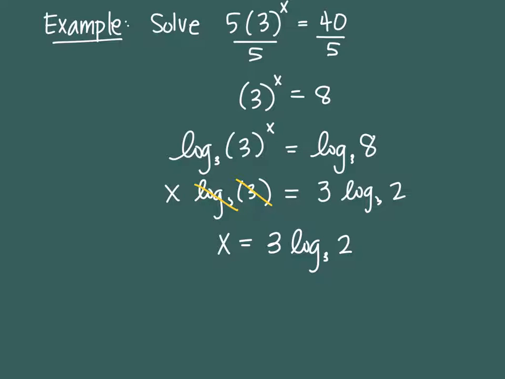Where do I need to back up, Daniel? I think maybe right here. Yeah, how did you get the 2? Because I know my powers. And my powers are that 8 is 2 to the third. Oh, okay. And because 8 is 2 to the third, the 3 can move to the front, and now I have 3 log 2. That's where it comes from.